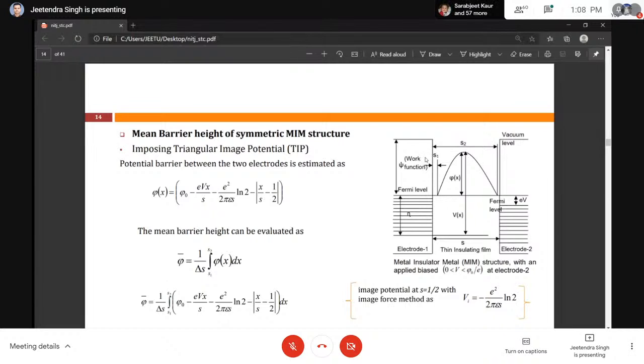Due to these forces, an image potential is built, and this image potential will mold the corners of the rectangular barrier. Initially, this is a rectangular barrier.